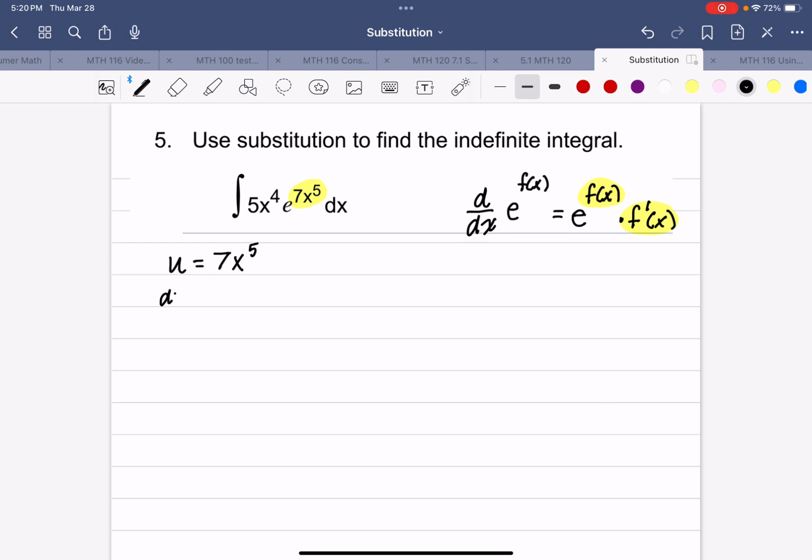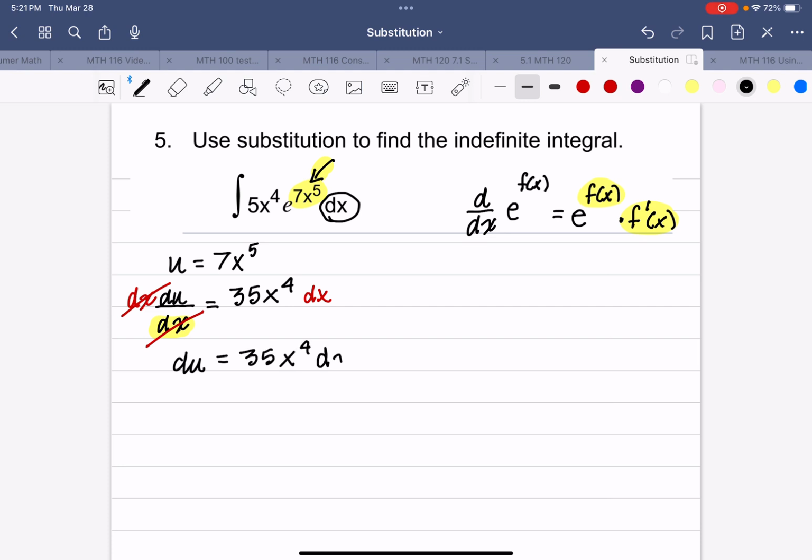So we start by taking the derivative of this u expression with respect to x, because it's got an x in it. It's going to be 35x to the 4th. But what I'm looking for really, now we know what to put in for this exponent, I want to find something to put in for dx, and I can solve this for dx. So I'm going to multiply both sides of the equation by dx, and that's going to leave me du is 35x to the 4th dx.